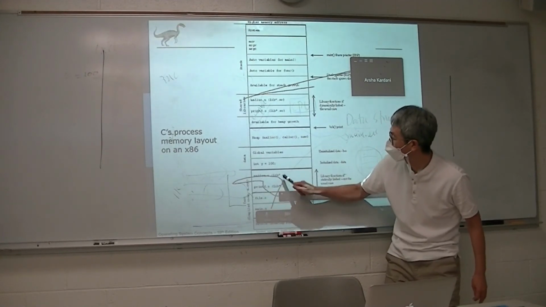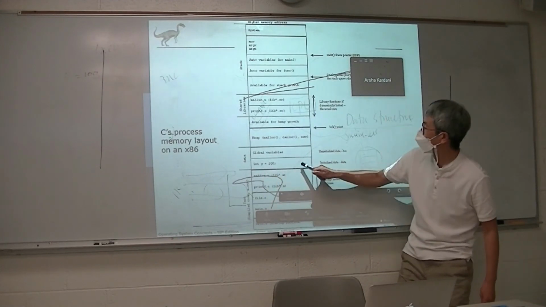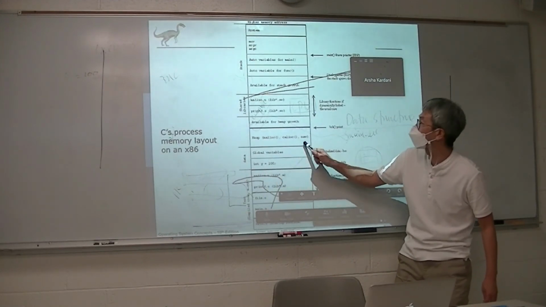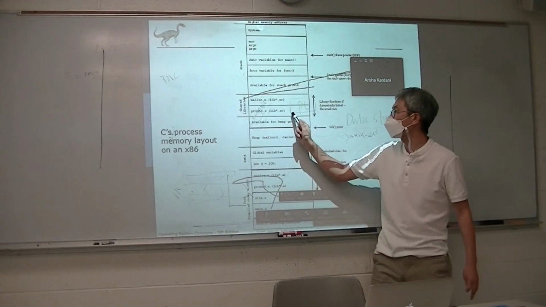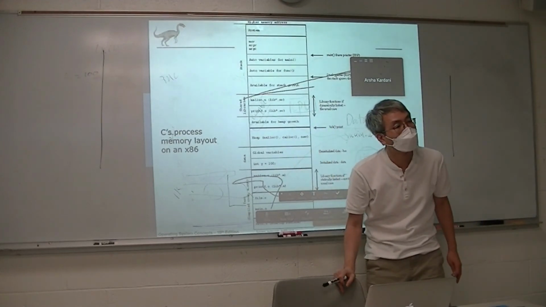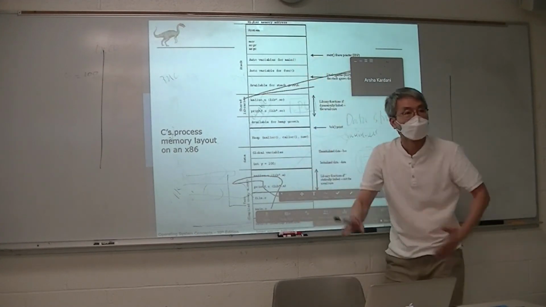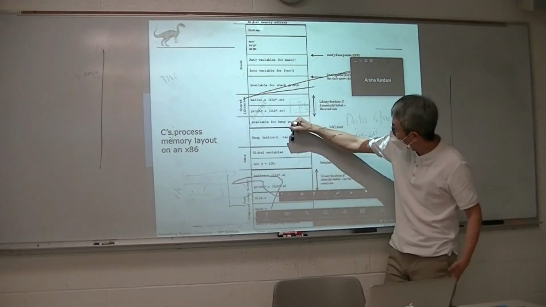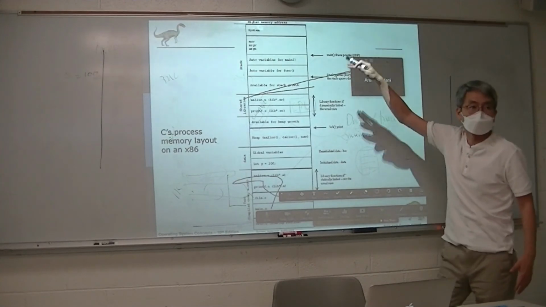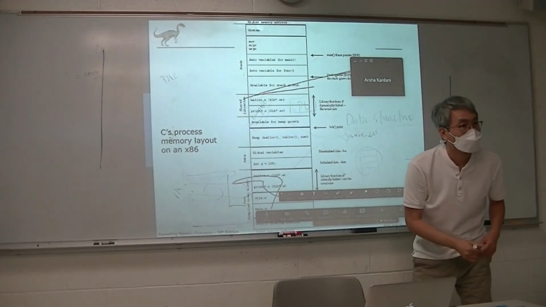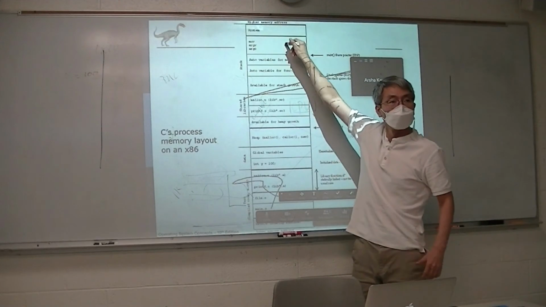If you have a global variable like integer y = 100, it goes over here, and then the heap and the stack. The heap is usually used for what? Dynamic pointers, because this space is not big enough. So the pointer will be used for the address, the location of other memory. And also this one, the stack.